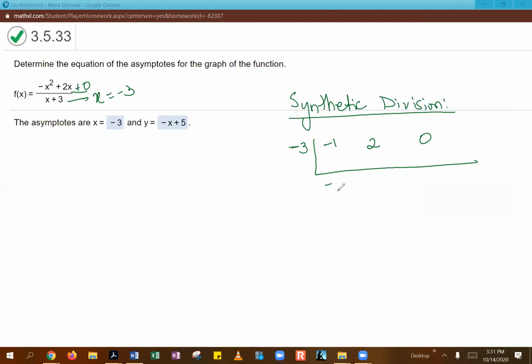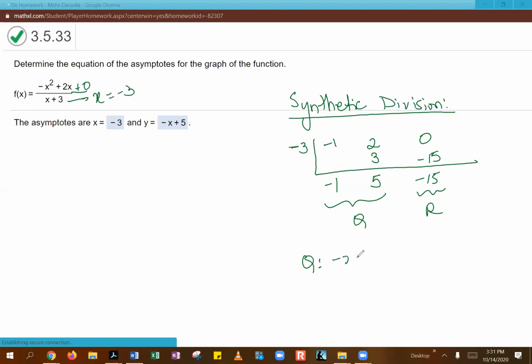So again, bring down that negative 1. Negative 1 times negative 3 is positive 3. That adds up to a 5. 5 times negative 3 is negative 15, and you will see we have the same remainder. We get the quotient from here. Our original polynomial was degree 2, so this will be a 1-degree polynomial: minus x plus 5.